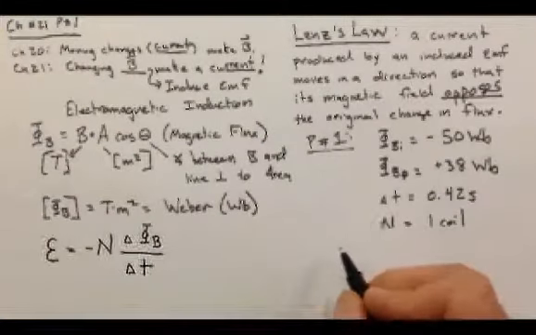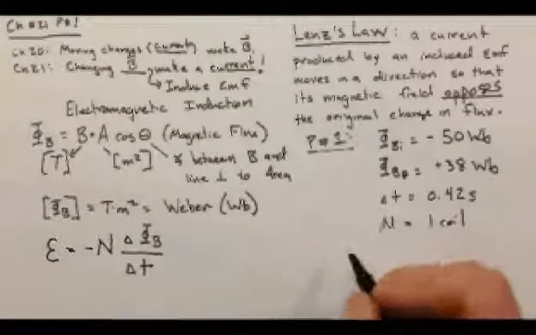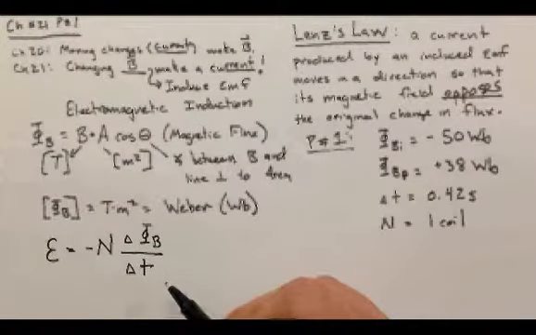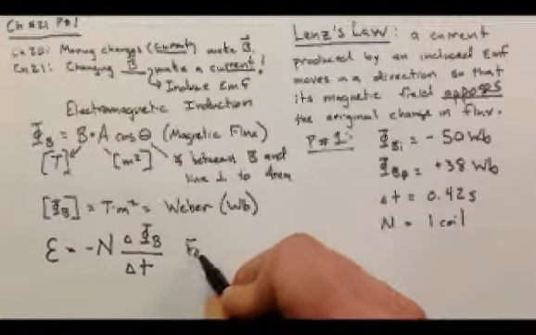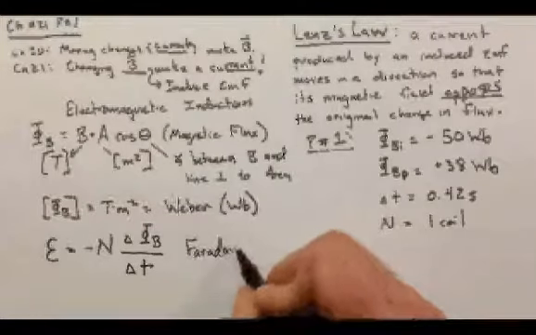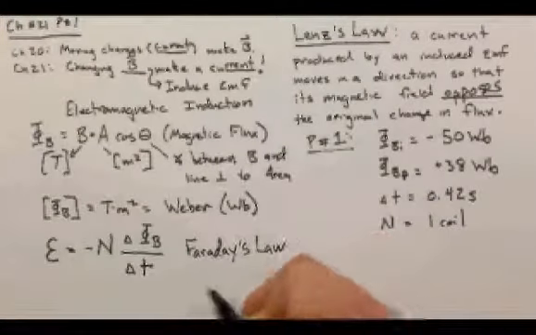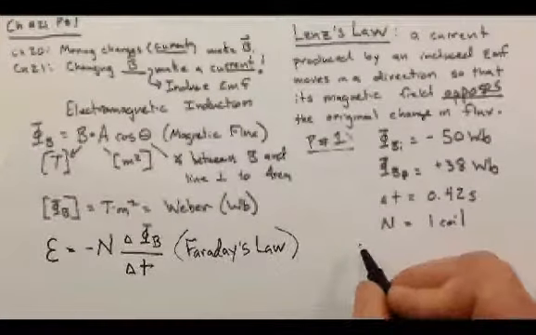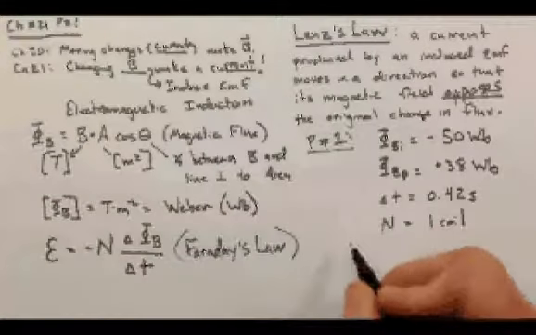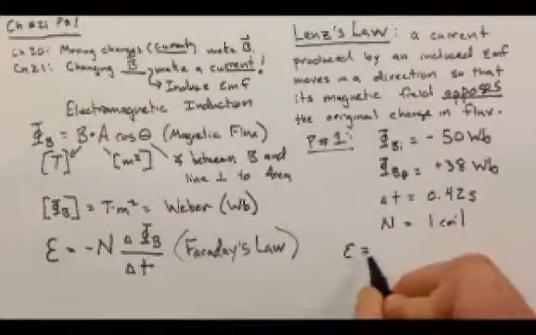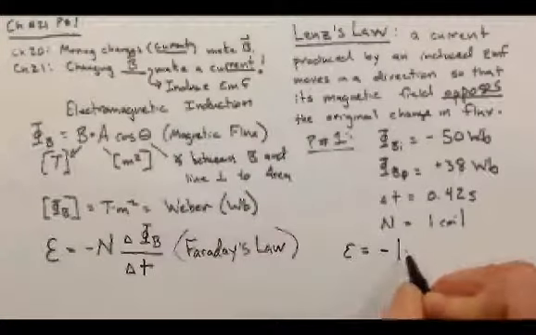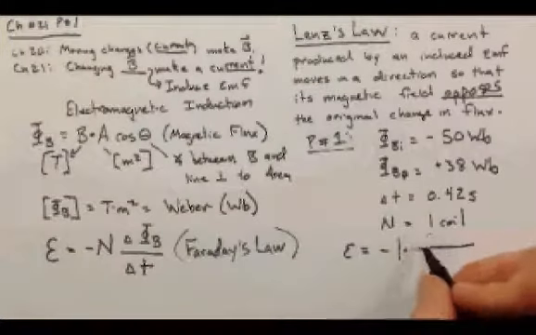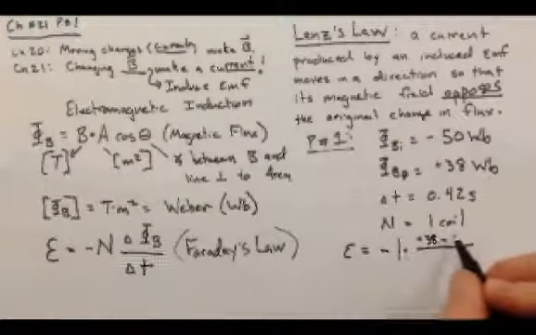So according to our formula for electromagnetic induction, sometimes called Faraday's law of induction, Faraday's law states that at the end of these wires, we will get an induced EMF, a voltage of negative 1, times the change in flux, which is final flux minus initial flux.